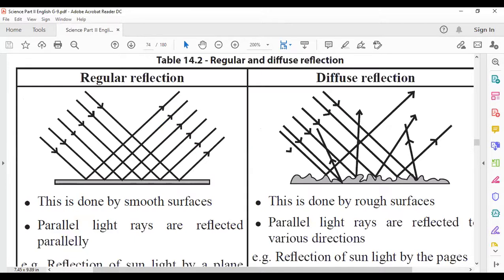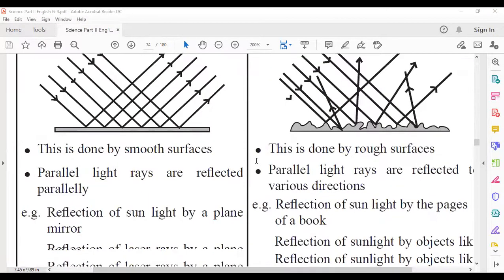Another one, in the surface. Good. There are two features in which they are different.